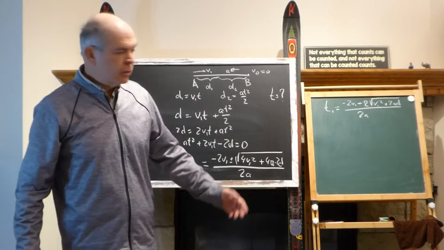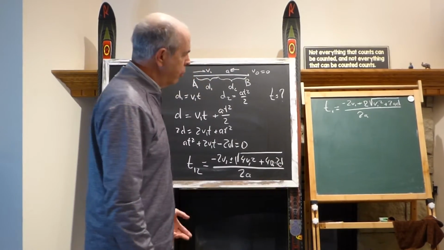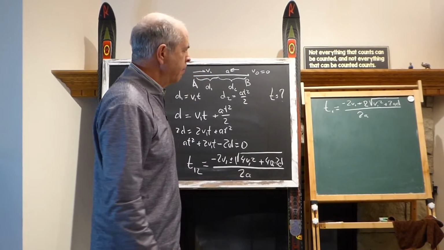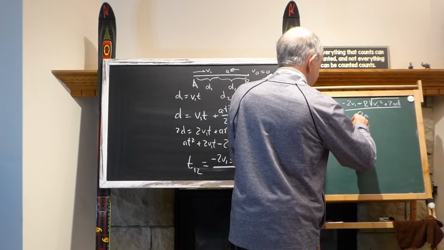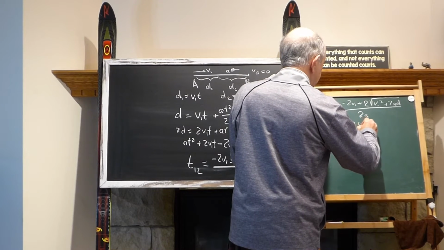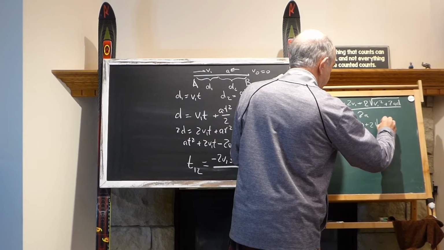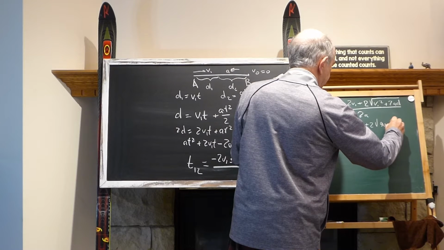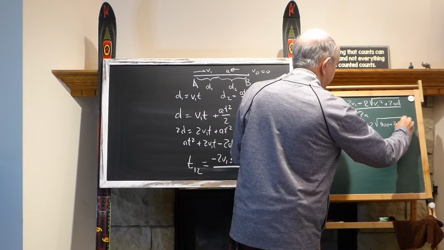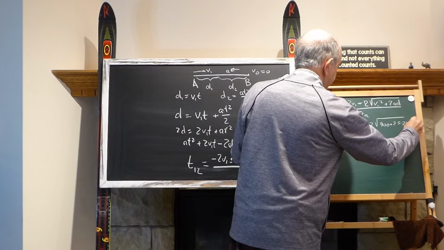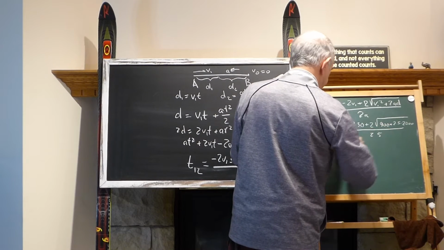And if you want, I can put the numbers right away here and then continue with the 2 other methods. Let's do that. Let's write t1: minus 2 multiplied by 30 plus 2 square root of 30 squared, which is 900, plus 2 multiplied by 5 multiplied by distance 2000, and the bottom would be 2 multiplied by 5.